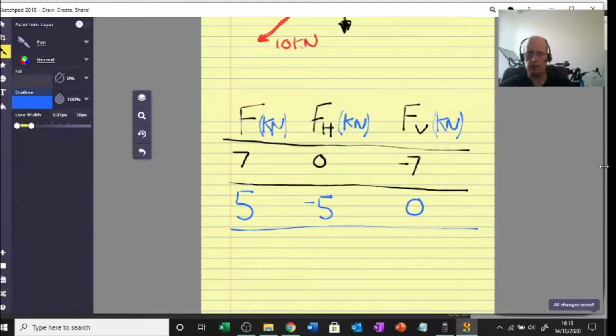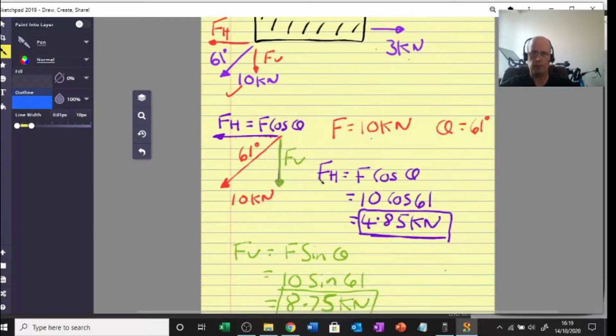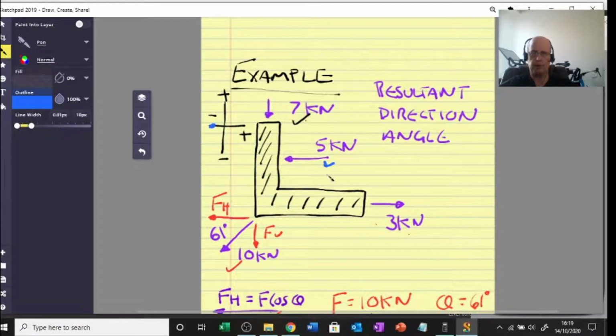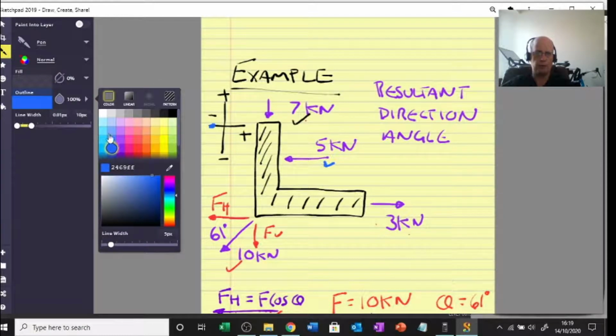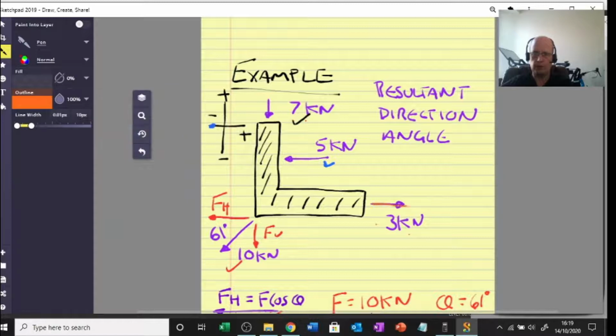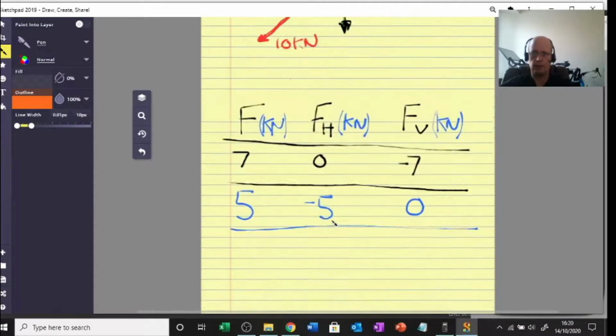So I've done the 7 and the 5. I'll do the 3. Get a different colour for the 3. The 3 is going this way. It's going horizontal, and it's going in the positive direction, because this is positive. So it's going to be horizontal and positive 3.